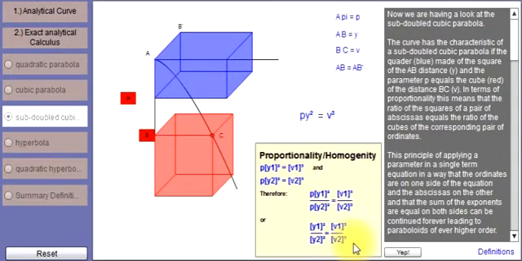And that's why it's called a sub-doubled cubic parabola, because the ordinates have a cubic exponent, and the abscissas have an exponent of 2.